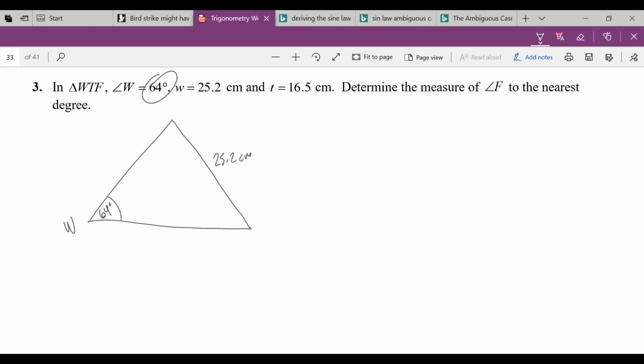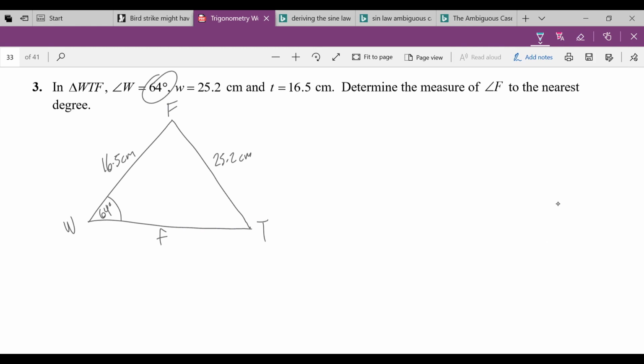Now, it really doesn't matter whether I put big T here and little t here, or big T here and little t here, and I think that's what I'll do, for no good reason. And that leaves us with F, and this is little f right there. Determine the measure of angle F to the nearest degree.